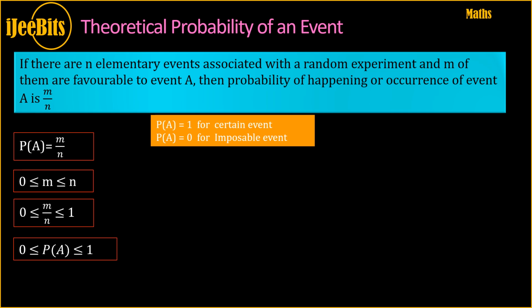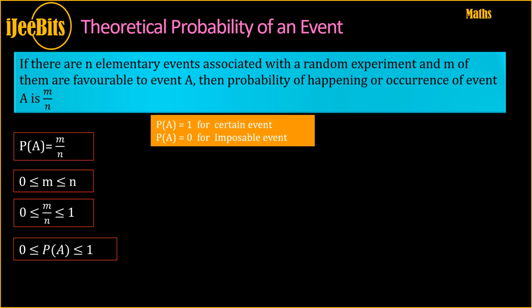Theoretically, the probability of an event can be defined as follows: if there are n elementary events associated with a random experiment, then m of them are the favorable events.